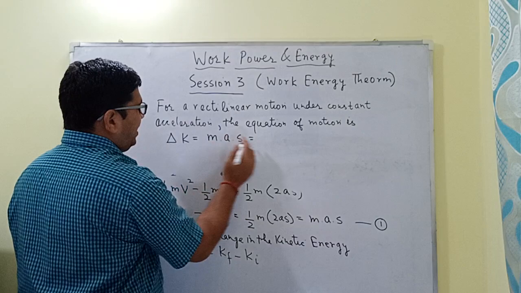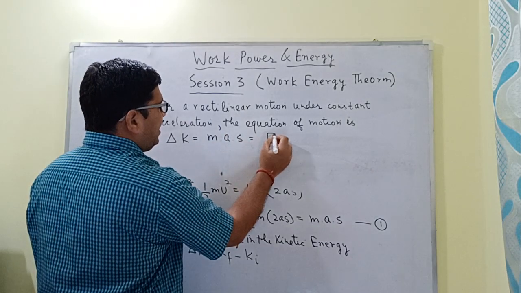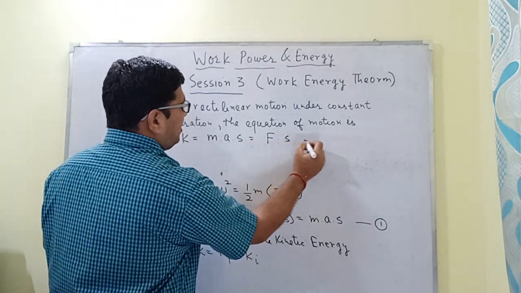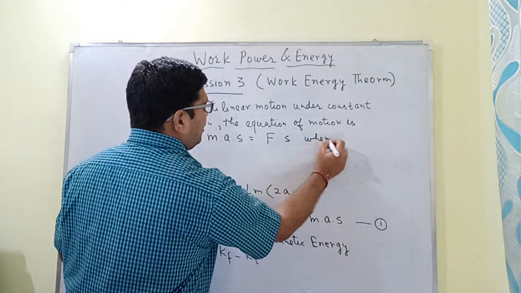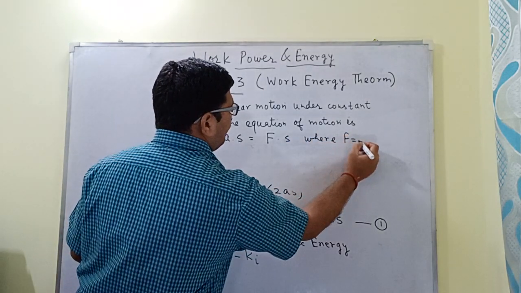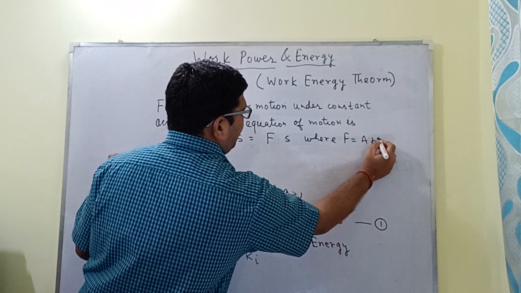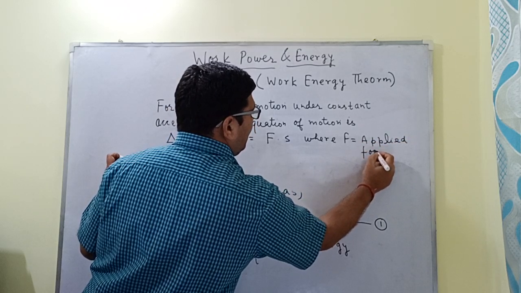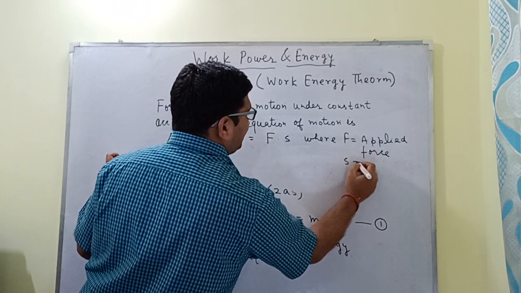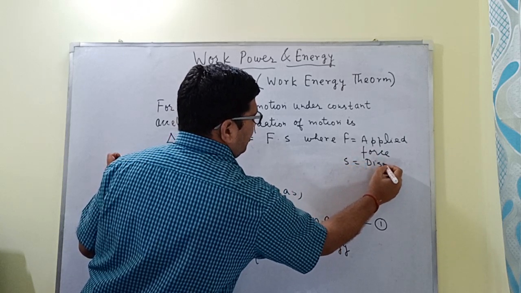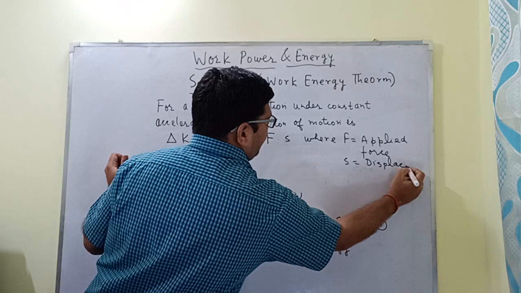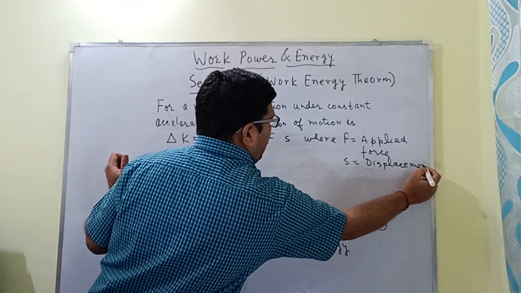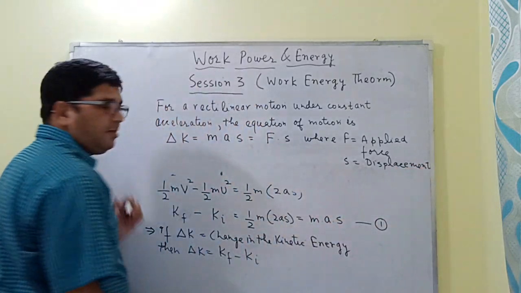So this m dot a can be replaced by f dot s, where F is the applied force, and S क्या है? This is the displacement of that object. ठीक है.